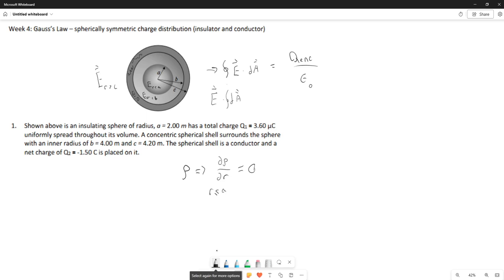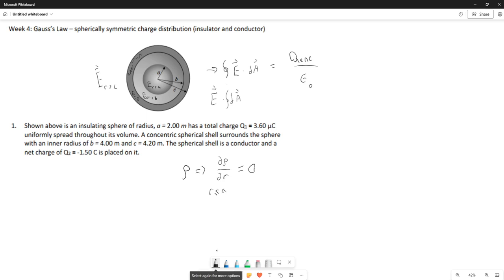And that's true because the charge Q1 is uniformly spread throughout the volume, meaning no matter where you look within the insulating sphere, the same amount of relative charge exists at any point in it. And that implies that if you're moving through that sphere with a radius, that value won't change.